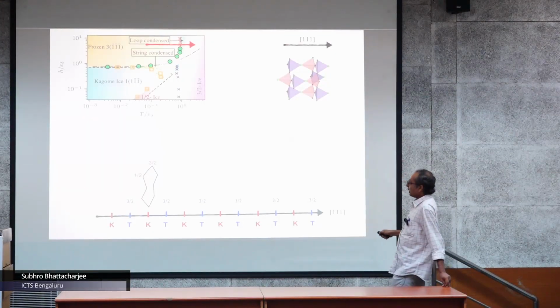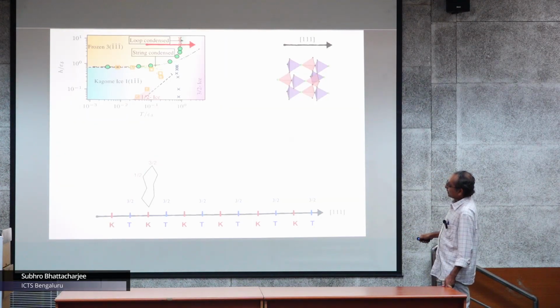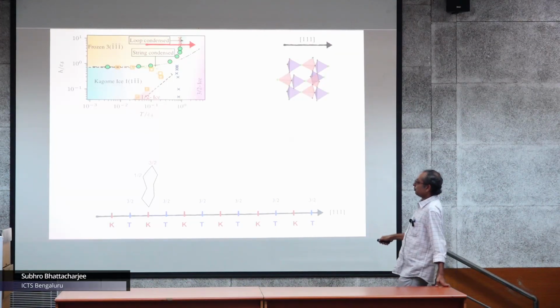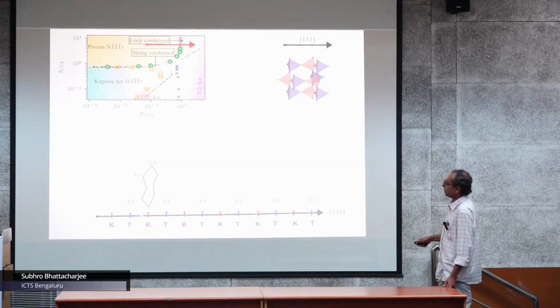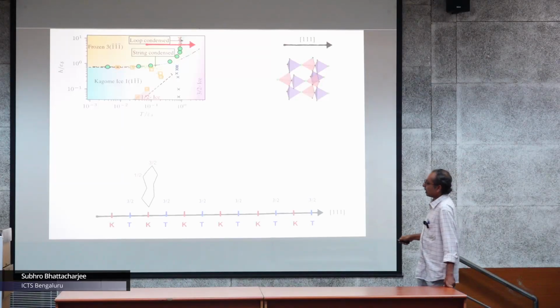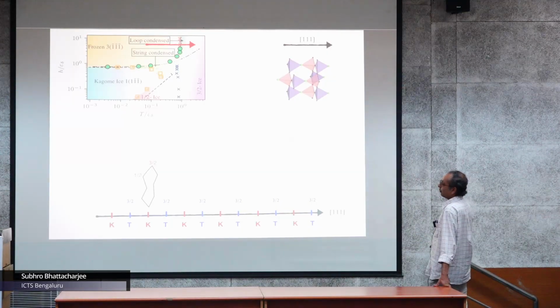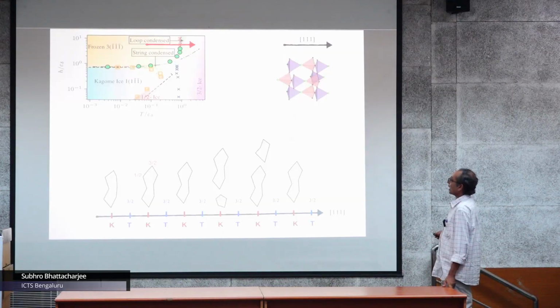Sorry for these bad cartoons. We are trying to summarize this as I speak. You start proliferating in the Kagome layers loops which keep intact the ice constraint, but now these loops are made out of plus and minus 1/2 and 3/2 as well as -1/2. In essence, individual Kagome layers become decoupled because the triangle layers are frozen, and you can proliferate these loops independently in all the Kagome layers.